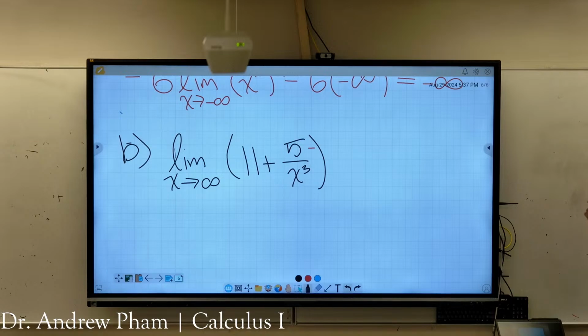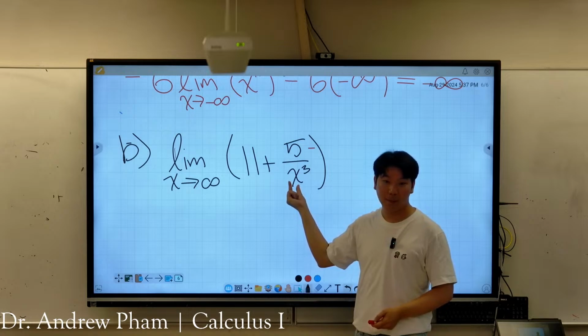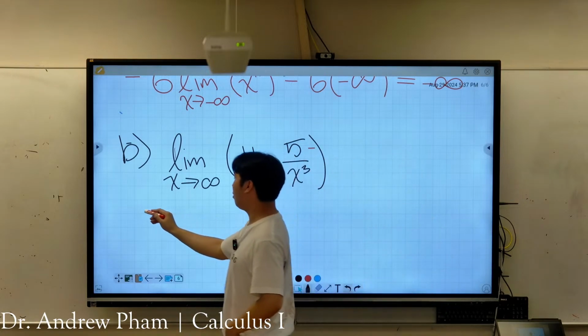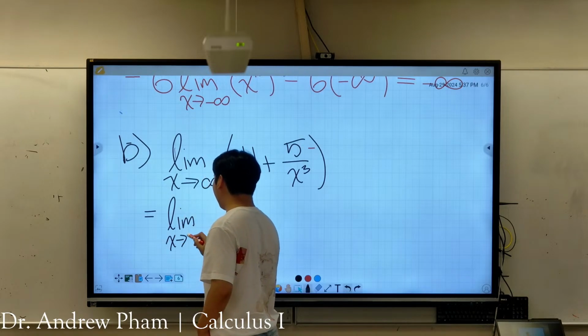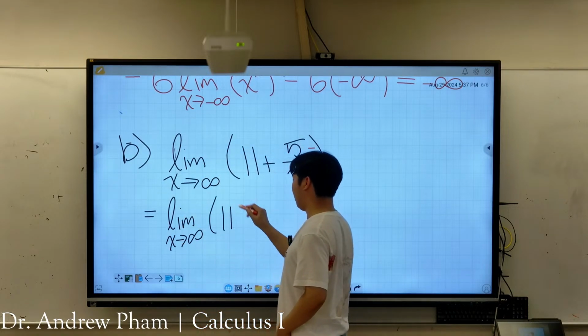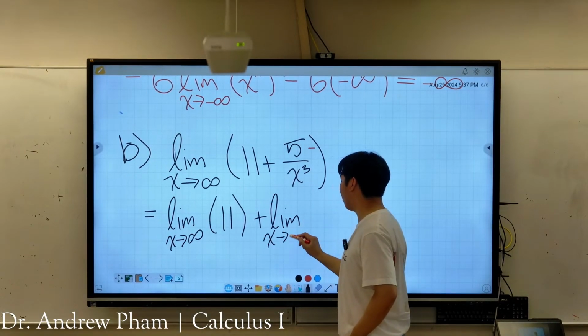What's the limit of a sum? We know that we can do the limit of each one individually, right? This is where I have to be a little bit careful. Again, we don't always have to write this, but just for notes, I can split this into two parts.